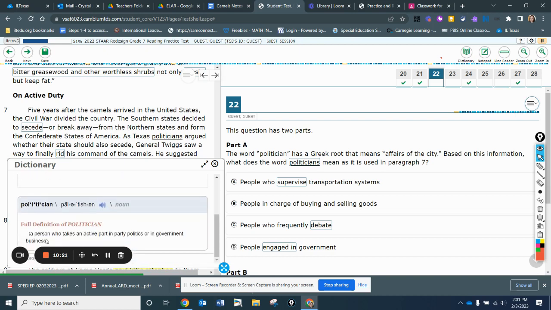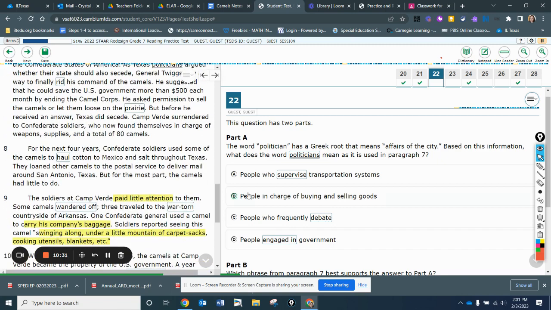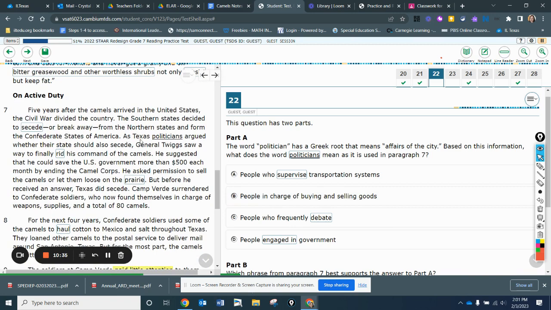The politician, a person who takes an active part in party politics or in government business. All right, so it's a person who takes an active part in government, right? And I can see that that's the case in here. As Texas politicians argued whether their state should secede, they were taking an active role in the government to argue if their state should secede.